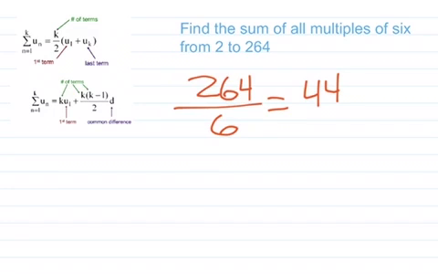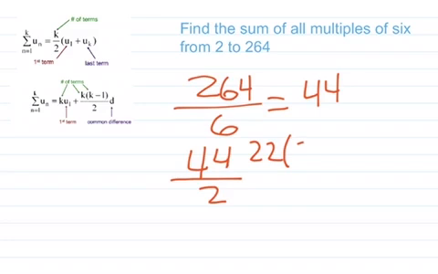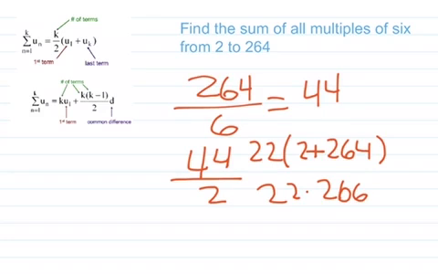So now 44 is our number of terms divided by 2, which is 22, and that is multiplied by our first term plus the last term, which is 264, and so it's 22 multiplied by 266, which is 5,852.